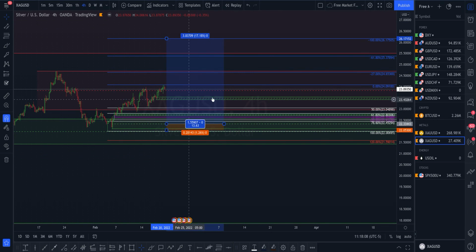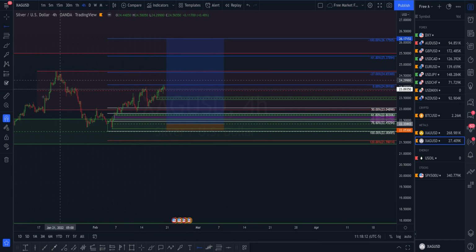Okay, of course, partial profits at 0%. We can take partials here, partials here, partials here. How much bad we're doing now?